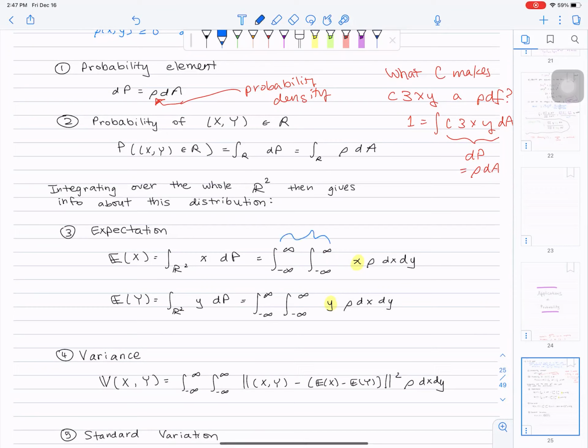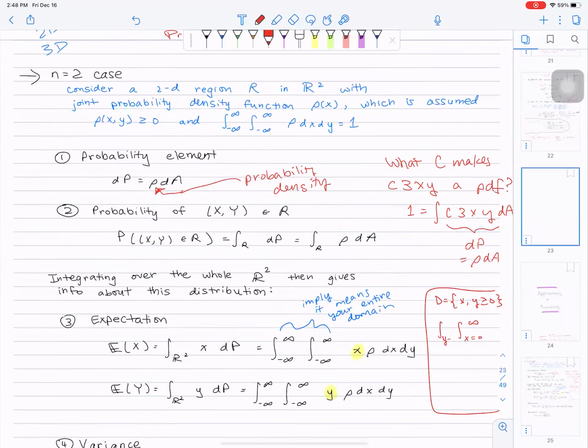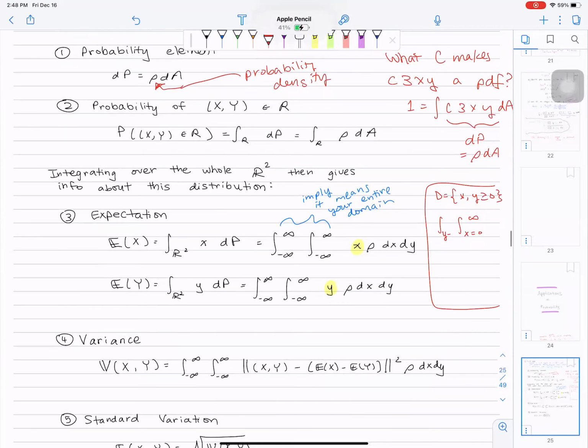I wrote this notation to imply your entire domain. So whatever region they tell you it is, you should make your bounds be over your entire region. As a side note, if they said your domain is x and y greater than or equal to 0, then when you're finding the expectation, your bounds will be x goes from 0 to infinity, y goes from 0 to infinity, because you want your entire region.